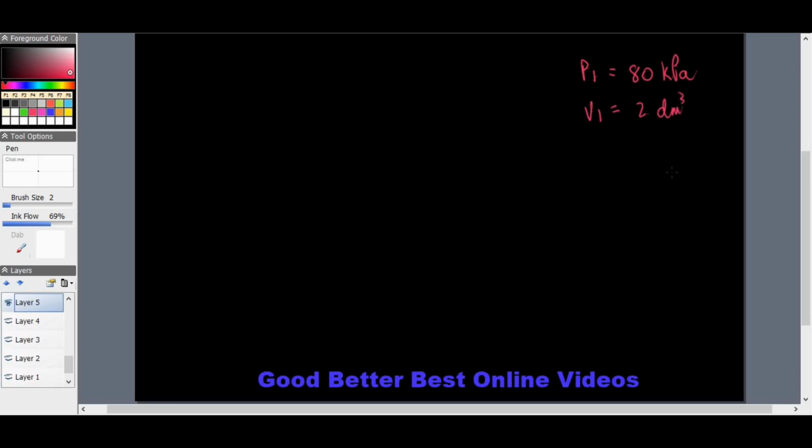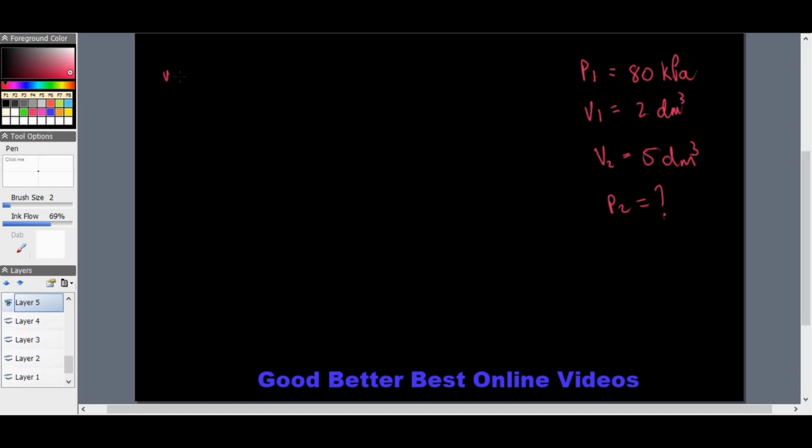Then they ask, at what pressure will the balloon burst if the maximum volume of air that it can contain is 5 decimeters cubed? So the second volume is 5 decimeters cubed, and the second pressure is what they want me to find out, which would be the maximum pressure, or the pressure at which the balloon will burst.